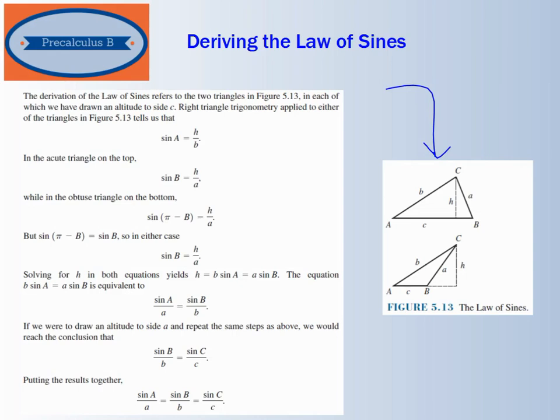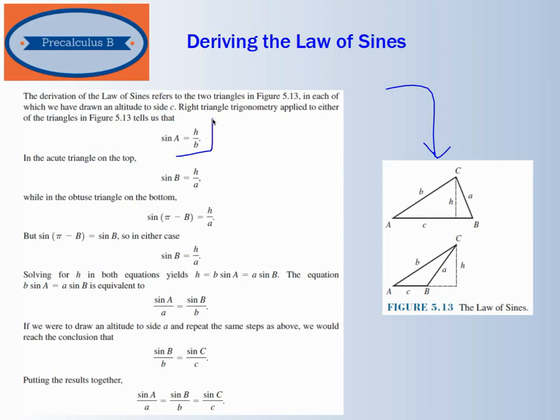So in the acute triangle on top, first off, we know that in either triangle, actually, the sine of angle A is going to be that altitude, h, divided by the hypotenuse b. So sine of A is h over b. And this is actually true in both triangles because our 90 degree triangle is the exact same in both of those instances. So that's the first one.